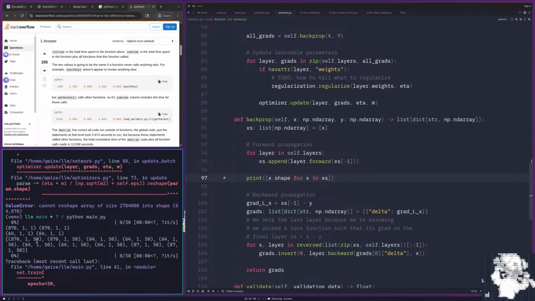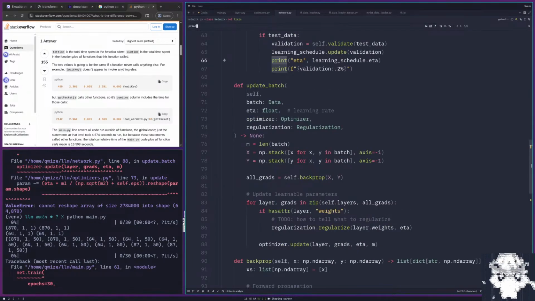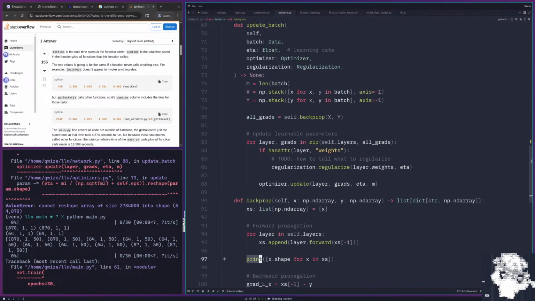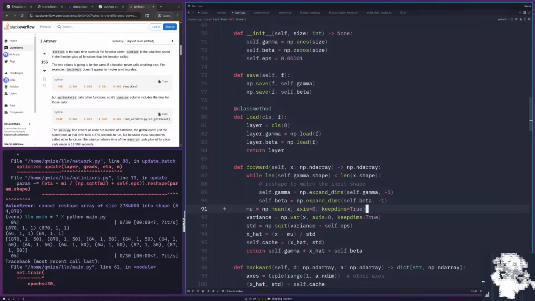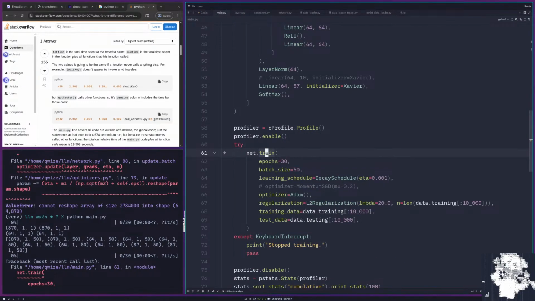So where's the 1 coming from? Where's that 1 coming from?